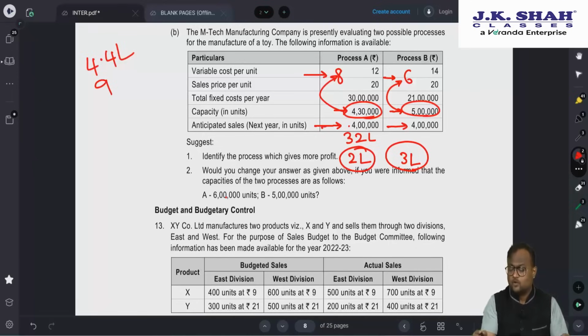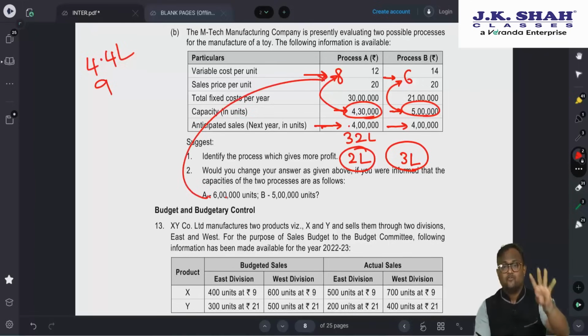See, when the demand was 4 lakhs and 4 lakhs, capacity was 4 lakh 30 and 5 lakhs. But now, if they are expanding the capacity, that means there is a full-fledged scope of selling all the units you produce. So, instead of 4 lakh 30 and 5 lakhs, now if the capacity is 6 lakhs and 5 lakhs, 6 lakhs into 8 will give you 48 lakhs as contribution minus 30.